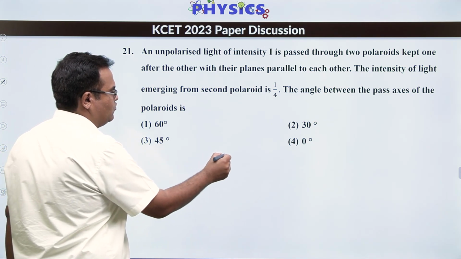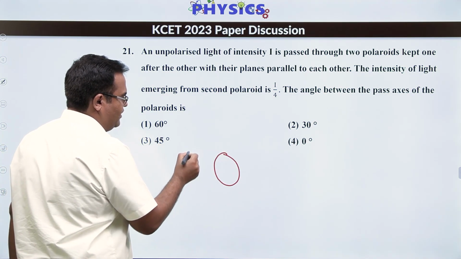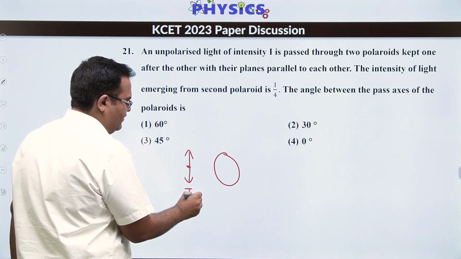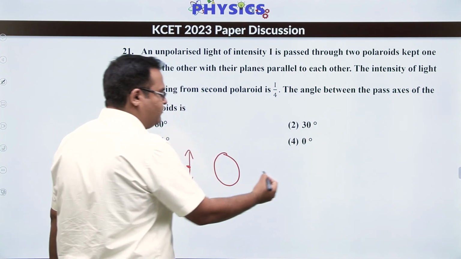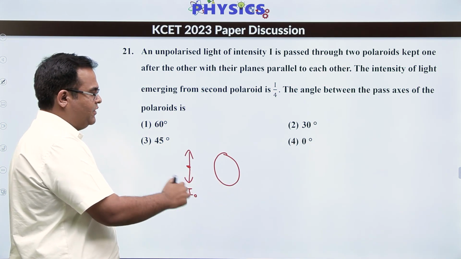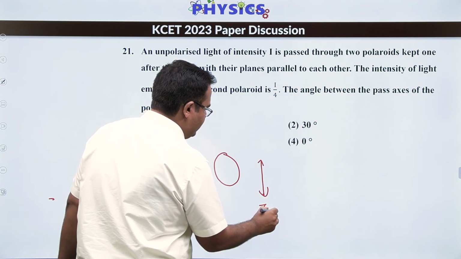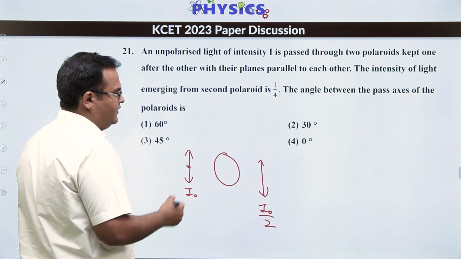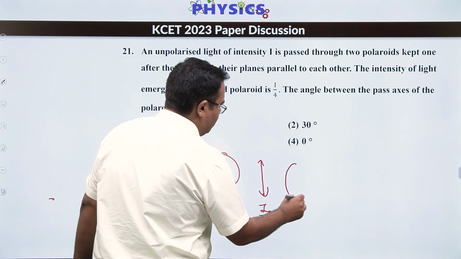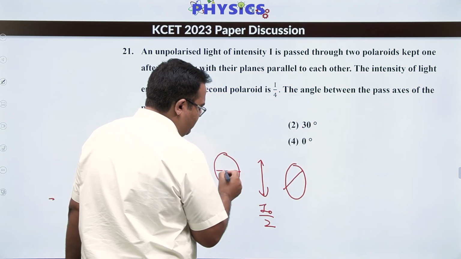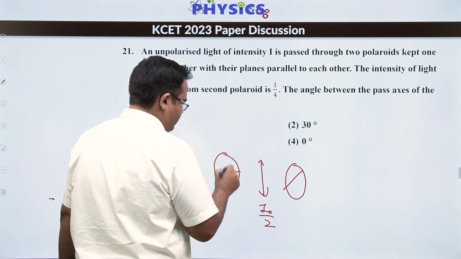Now if you see there are 2 polaroids, because here we have an unpolarized light, we know that after passing through the first polarizer, intensity becomes half. So here intensity will become I naught by 2. Then suppose the pass axis of the second polarizer makes an angle theta with the pass axis of the first polarizer.